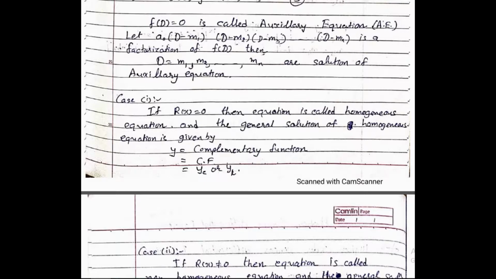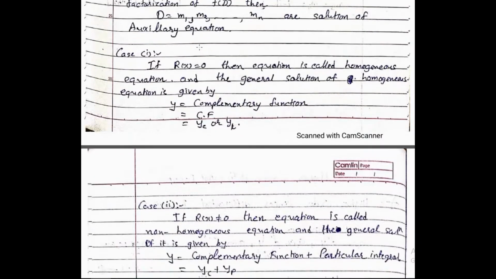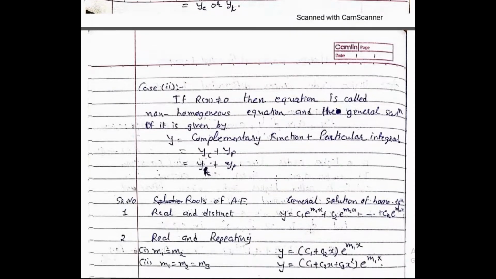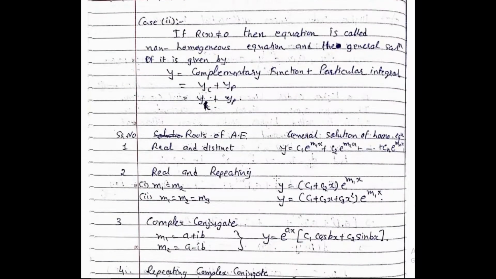Now if this r(x) is not equal to 0, then the equation is called a non-homogeneous equation, and the general solution is given by y equal to complementary function plus particular integral. It is also denoted by yc plus yp or yh plus yp.